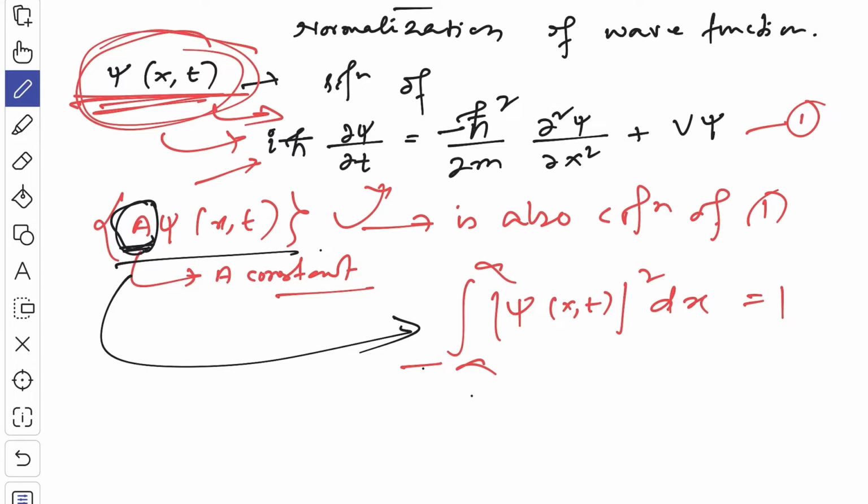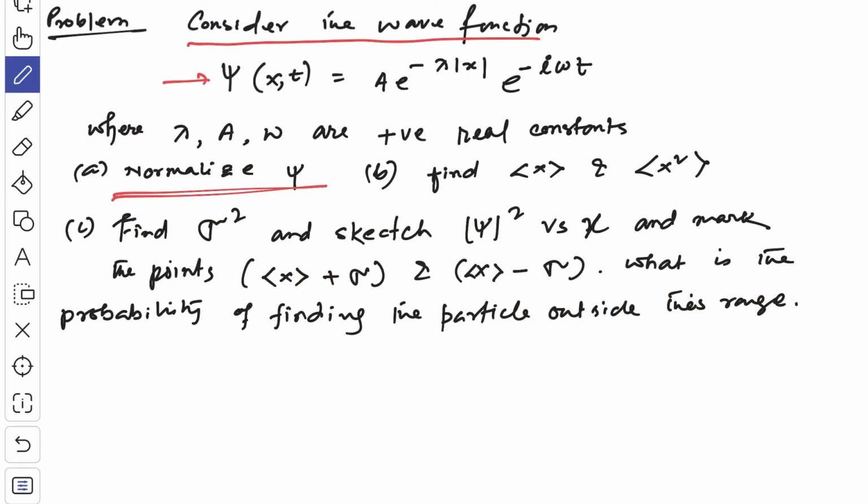Now let me give you an example for that. To explain the process of normalization, let me take a problem here. Suppose this is a wave function that is given here, and we need to normalize this wave function psi.